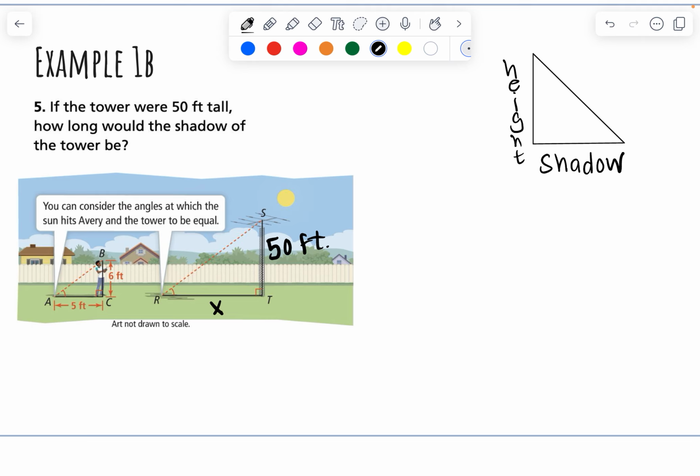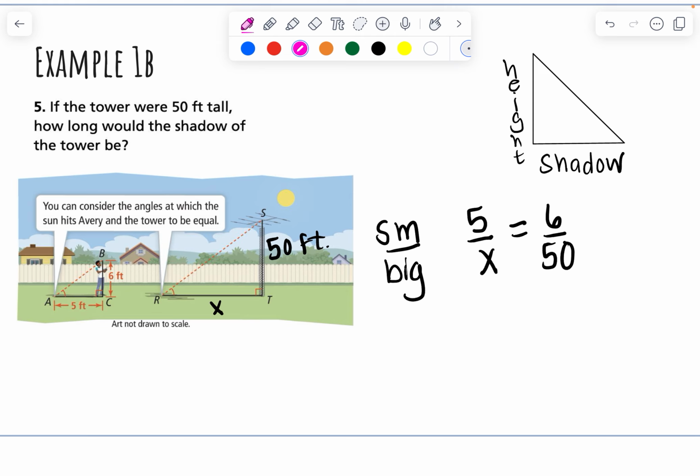So we're looking for x here. I can use the same type of proportion that I just used. I'm going to do the small triangle on top, big triangle on the bottom. So in this case, we'll say 5 over x equals 6 over 50.